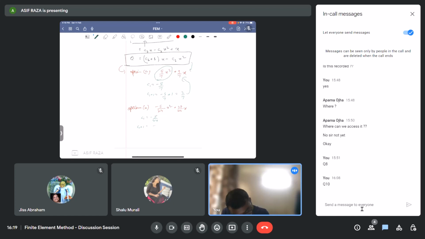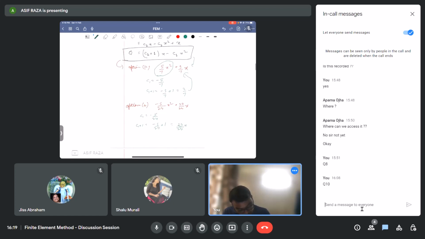C1 plus 1 will be minus 5 by 24 plus 1, which gives 19 by 24, right? Sorry, C1 will be minus 5 by 24 because this is minus 1. So this will come out to be 29 by 24, which is in compliance with this.